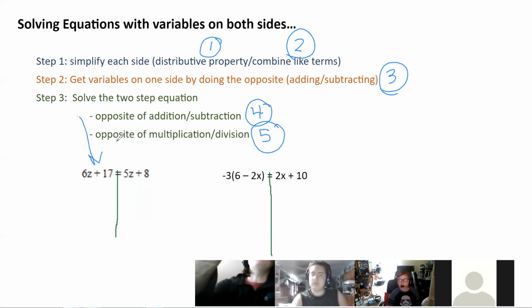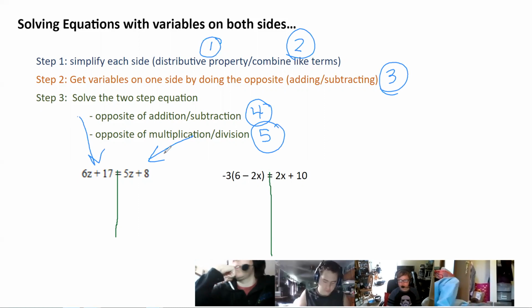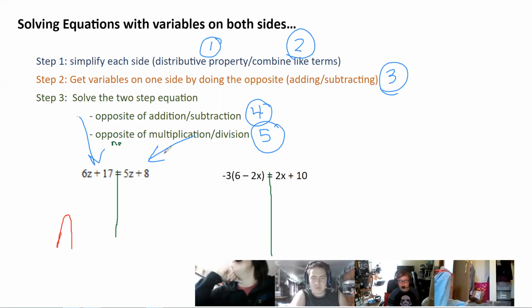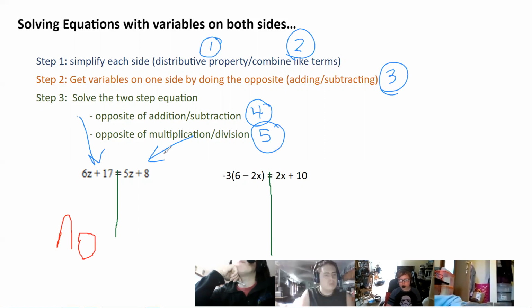Do I have to do the distributive property in that one? Do you have to do the distributive property in that one? Yeah, Ben, you're right. No, you don't. No distributive property needed. What about combining like terms on each side of the equals?